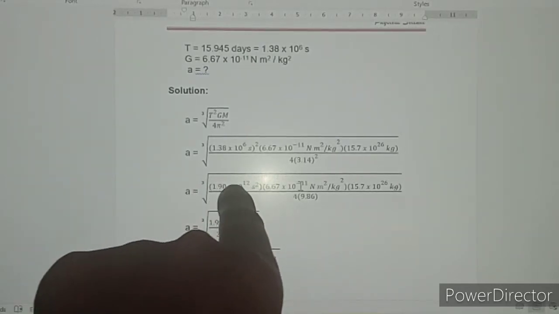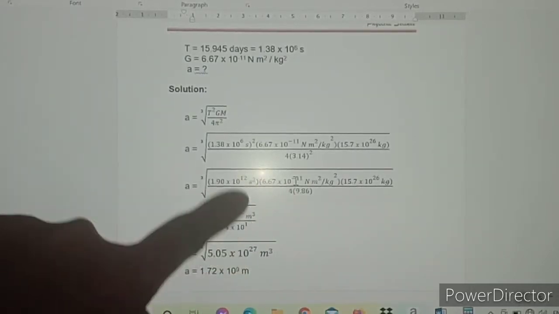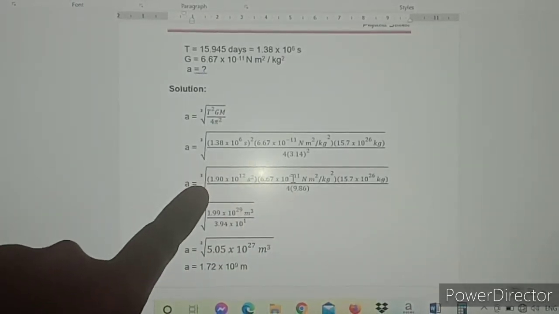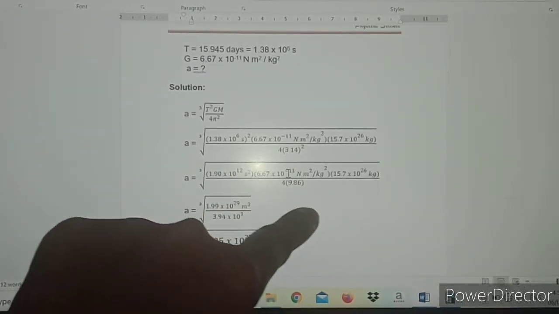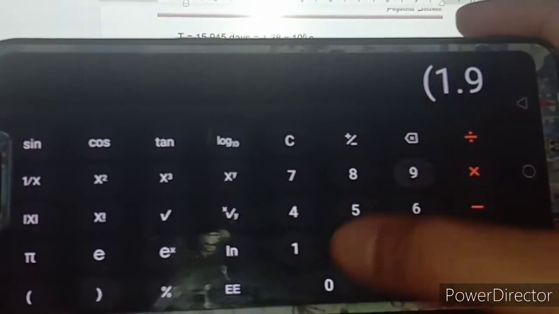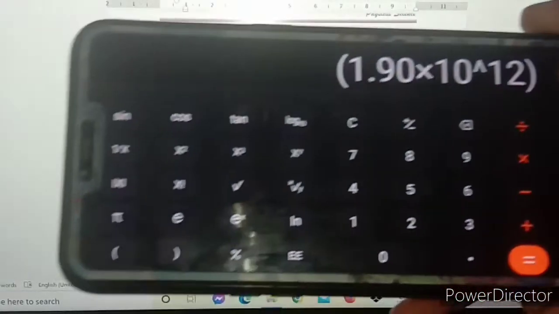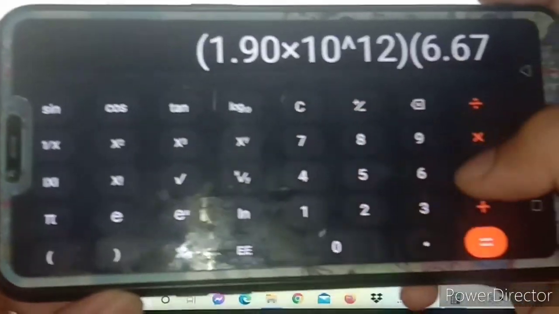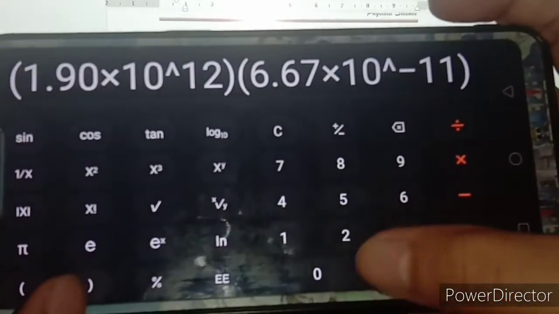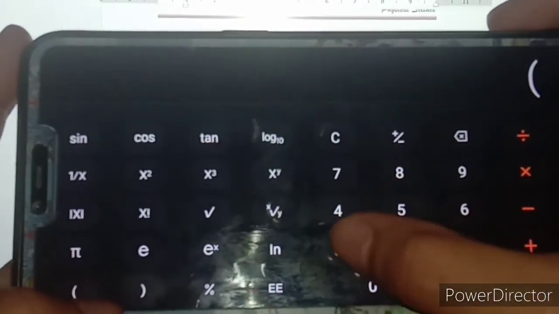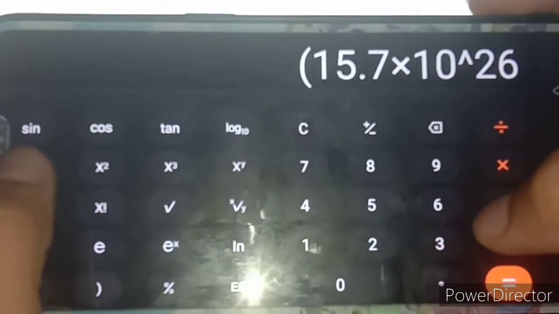And then, multiply all the numerators and then the value in the denominator, multiply then, and then divide. Okay? So, again, use your cell phone or scientific calculator to get the product. Okay? So, we have 1.90 times 10 raised to 12 times 6.67 times 10 raised to negative 11 times the given value for the mass, which is 15.7 times 10 raised to 26.